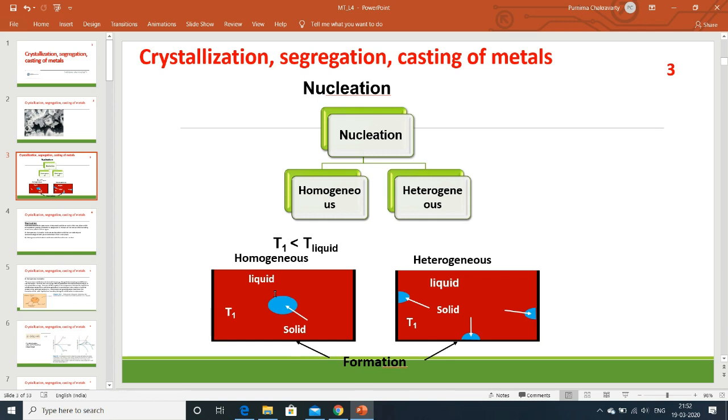So let us talk about homogeneous nucleation. Here you can see the nucleus has started forming at the core of the liquid, at the middle of the liquid. But if I look at heterogeneous nucleation, you can see the nucleation has started at the borders or at the surface of the liquid.